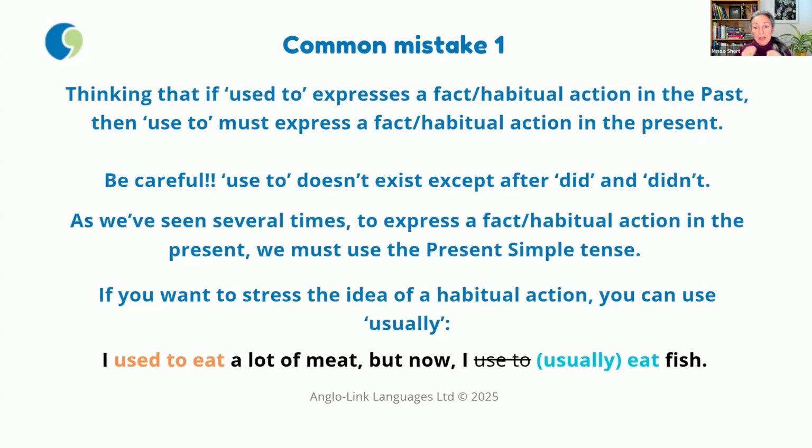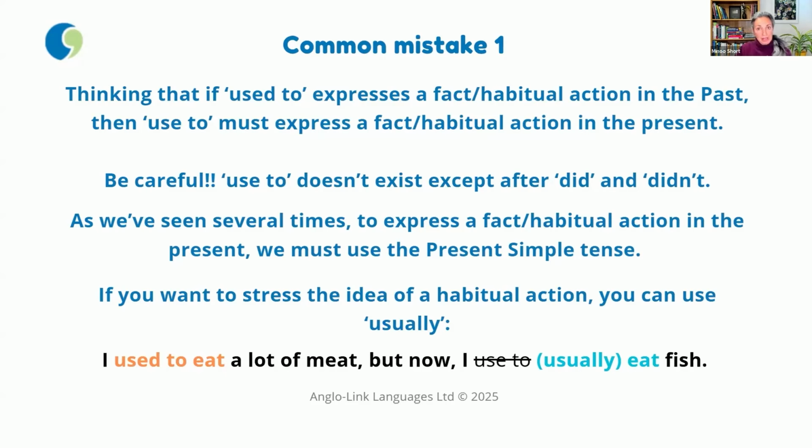As we have seen several times, to express a fact or habitual action in the present, we just use the present simple tense. It's a tense now. And if you want to stress the idea of a habitual action that is regular, happens all the time or regularly, you can use the adverb of frequency, usually.